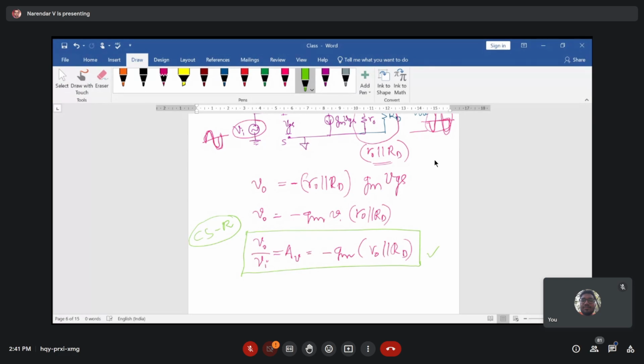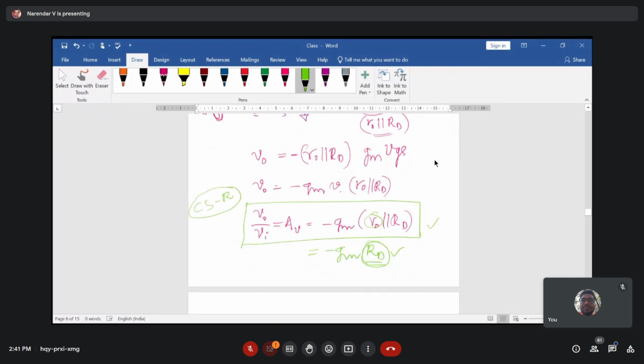So minus gm times R0 parallel with RD. If R0 is neglected, meaning there is no channel length modulation factor, then you can write it as minus gm times RD. RD here is the load resistor that you have connected.